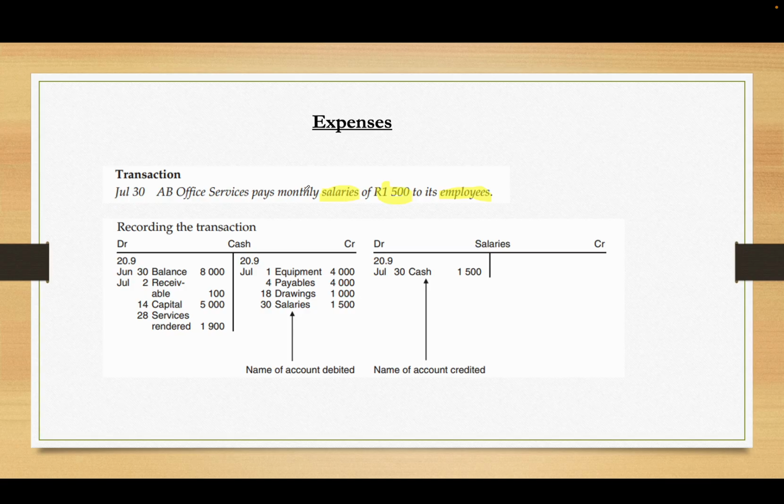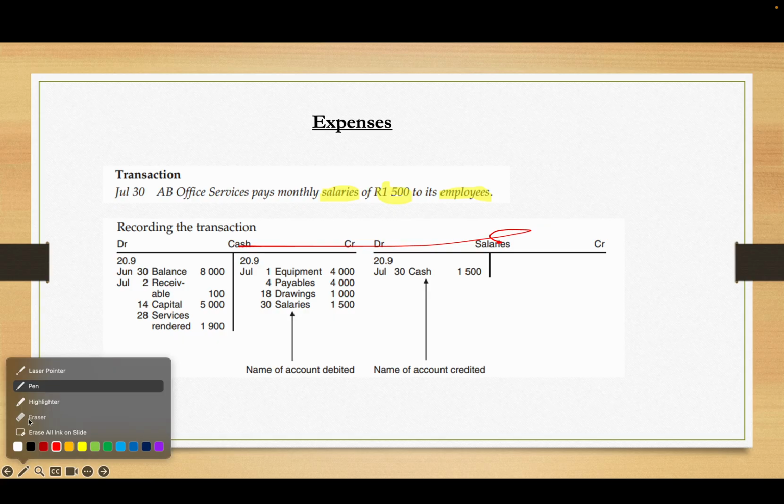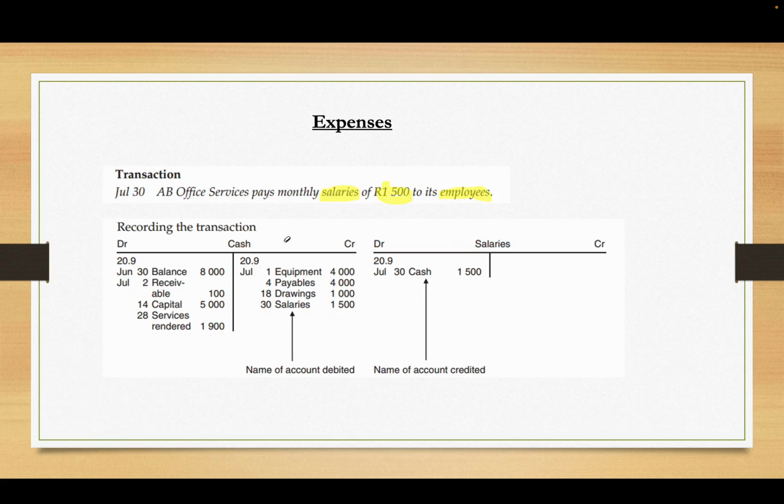We pay through bank. You understand? So that's why it's a cash T account. And then what's the other account? Salaries, because you paid salaries as the expense account. Asset account, expense account. These are the two accounts that are affected in this transaction, right?